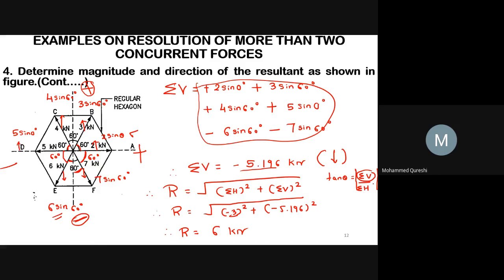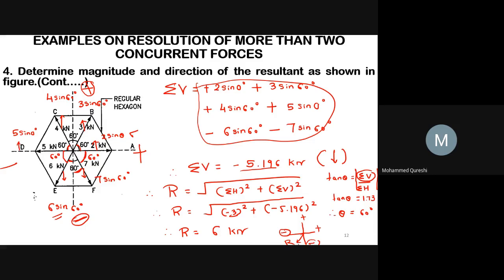So after putting the values, you will get tan theta as 1.73, and therefore your theta will be 60 degree. And here, since sigma H is negative and sigma V is negative, our resultant will be in the third quadrant. Plus, minus, plus, minus. Here sigma H is negative and sigma V is negative, so our resultant will lie in the third quadrant.